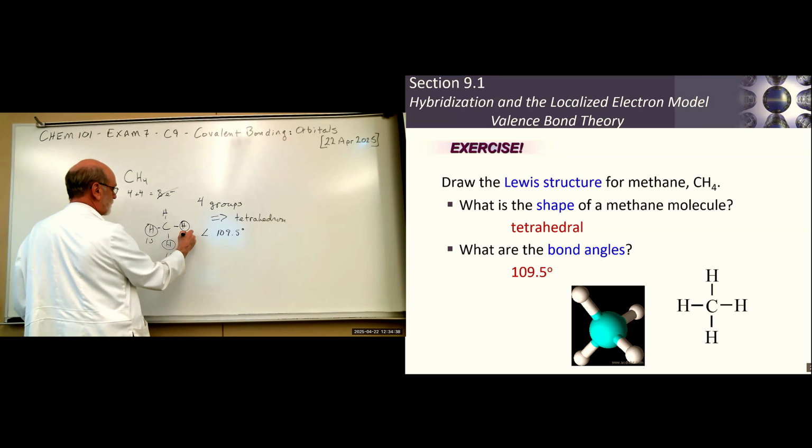And it was proposed by Linus Pauling, the same person that wrote the book on the nature of the chemical bond and got a Nobel Prize and so forth and so on. He proposed this modification to the theory so that we could get four equivalent orbitals that would overlap with the hydrogens and give us our tetrahedral structure. And he did this in 1931.